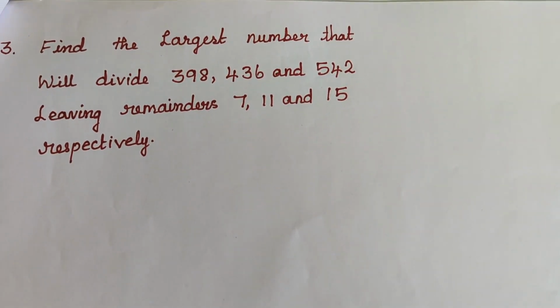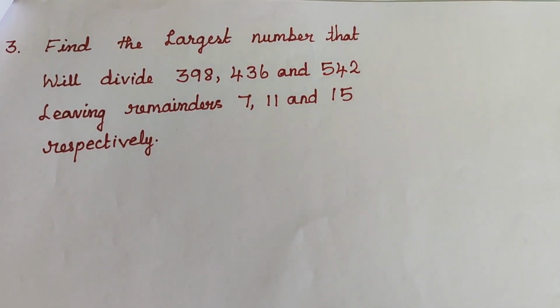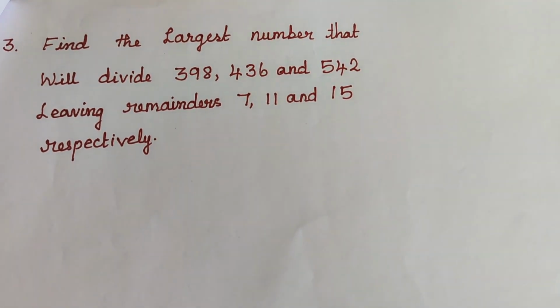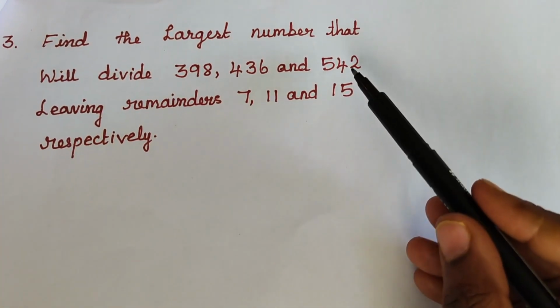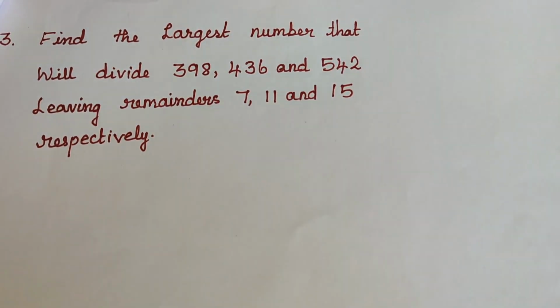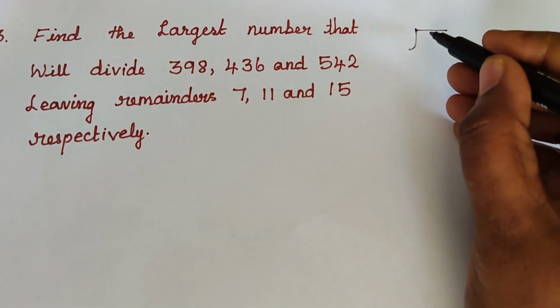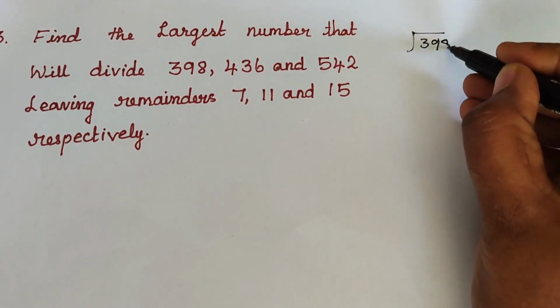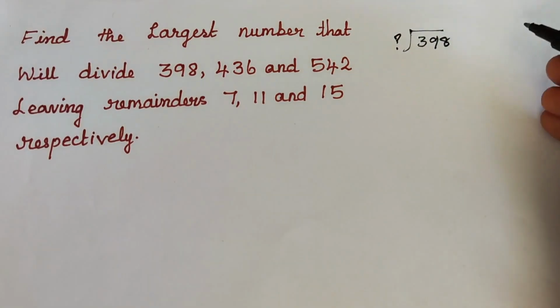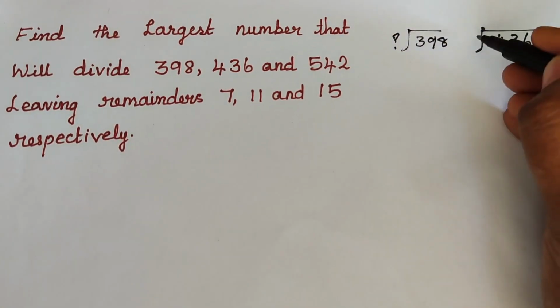The next question, find the largest number that will divide 398, 436 and 542, leaving remainders 7, 11 and 15 respectively. So we want to find a number which divides 398. The same number divides 436.